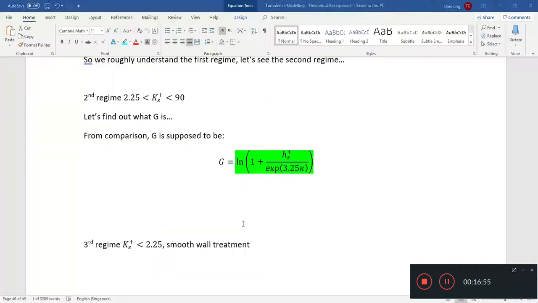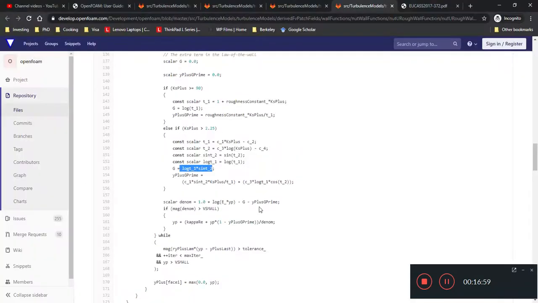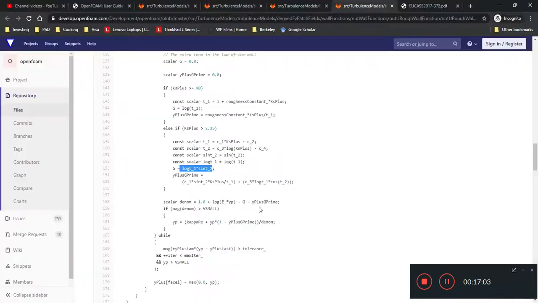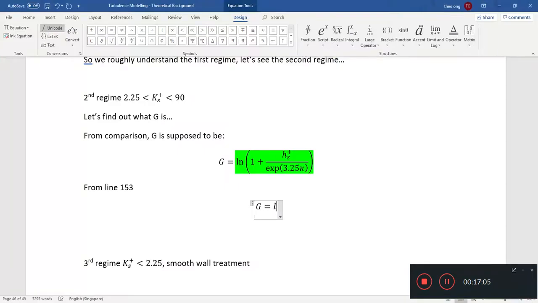Let's just write that down first. From line 153, g equals log or ln of t1 times sine of t2. So what are t1 and t2?